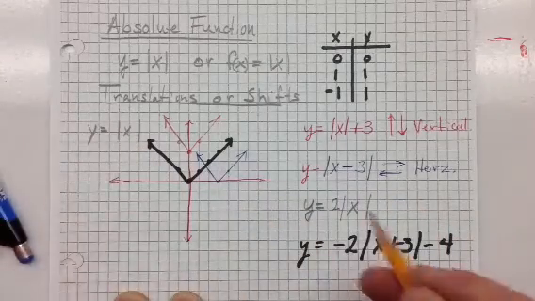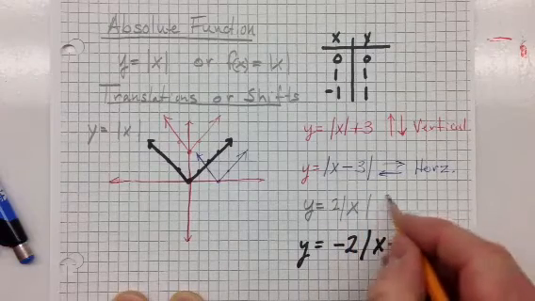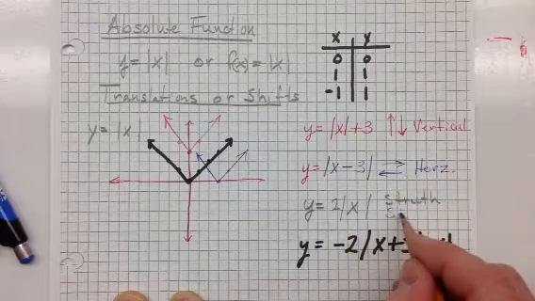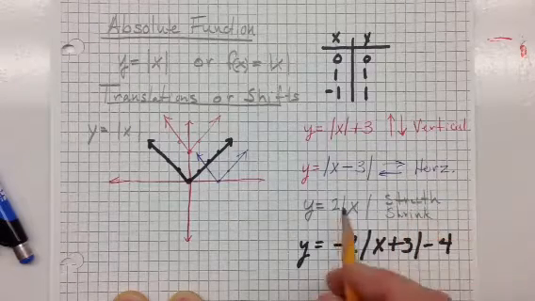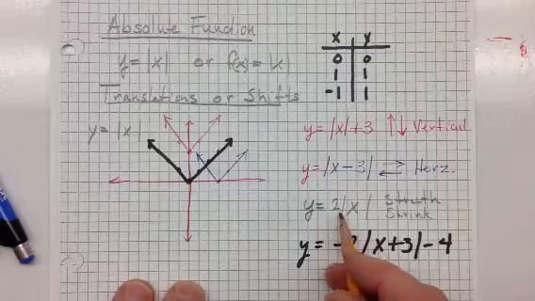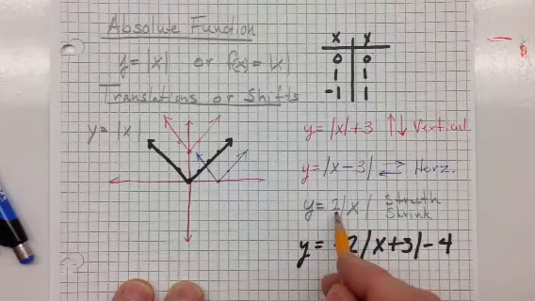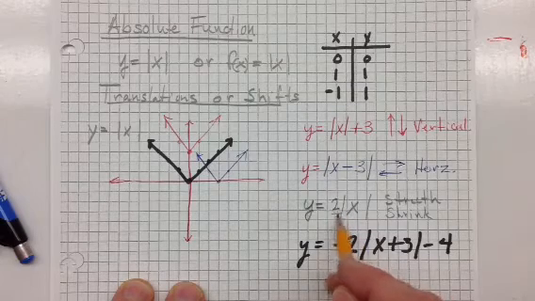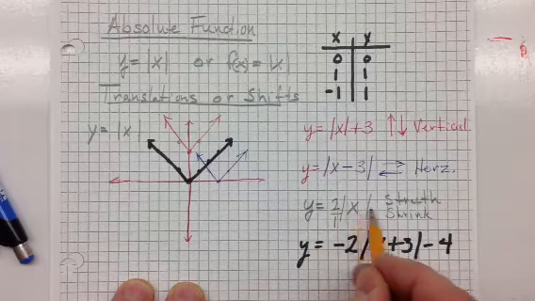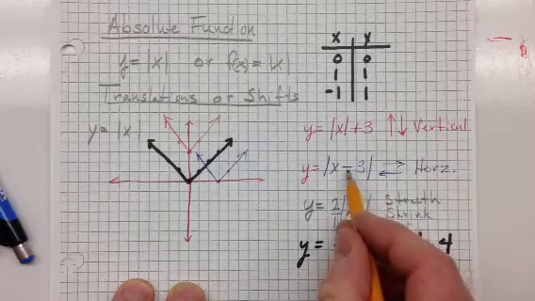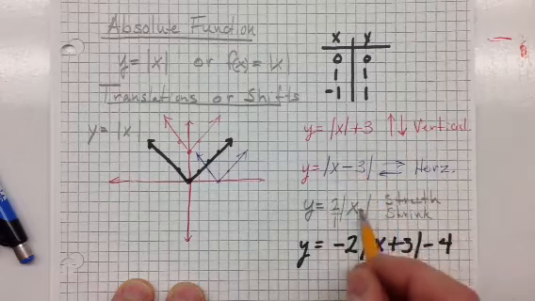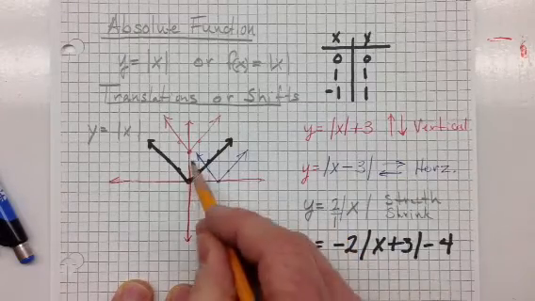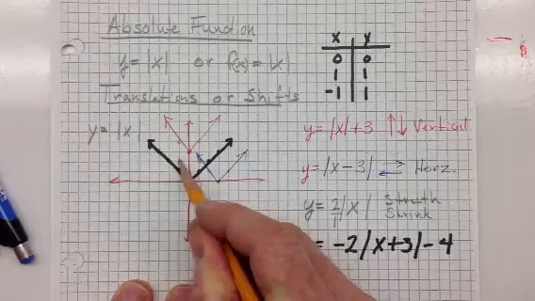Now, the one in pencil here, this is called a stretch or a shrink. When we have a value in front of this, we stretch or we shrink it. In this case, it will actually stretch it because it changes the slope. Like a linear line, when we had a number in front of x, it was the slope. This is 2 over 1. So it's still centered at the origin because there's no shifts on it. There's no add 3s or subtract 5s or whatever. So we're centered at the origin, but now our graph, instead of this black one, it's going to go up 2 over 1, up 2 over 1.